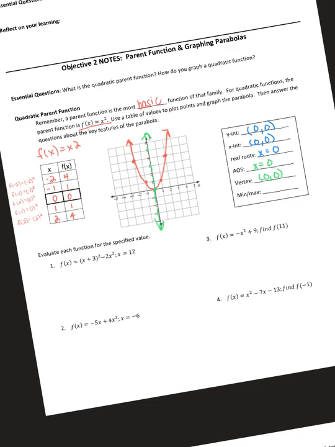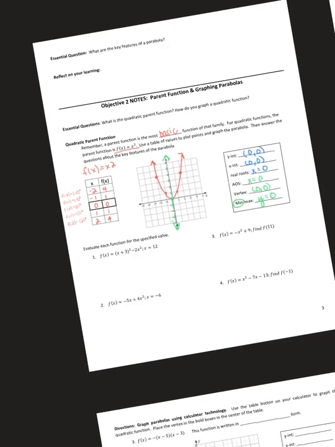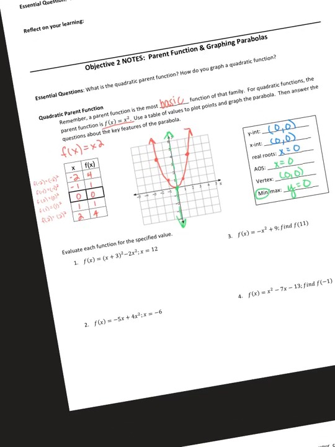And this graph has a minimum of y equals 0. All right, so there are our features for the parent function. So when we say the most basic, notice all of these zeros in here because it's centered on the graph, it's positive, it's not stretched or compressed. So everything does really remain very basic.